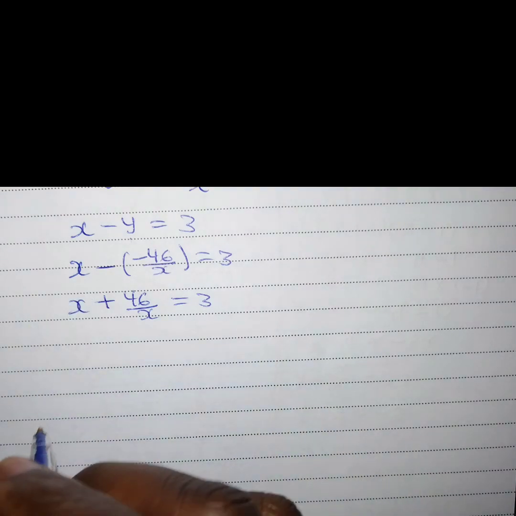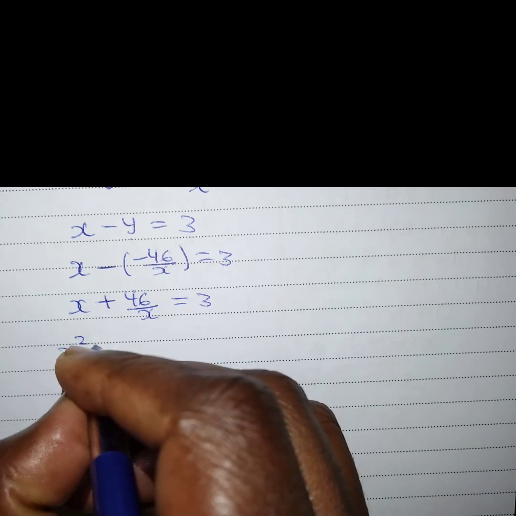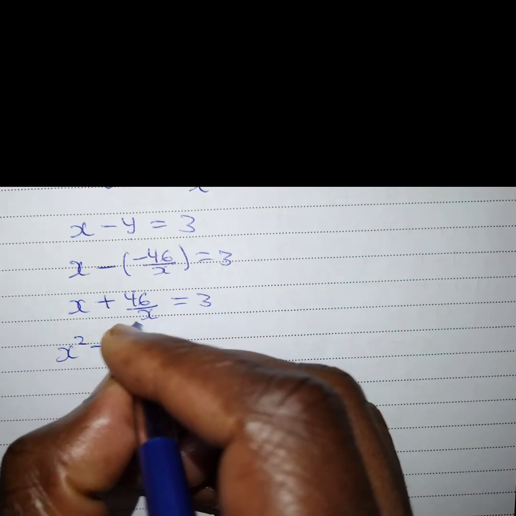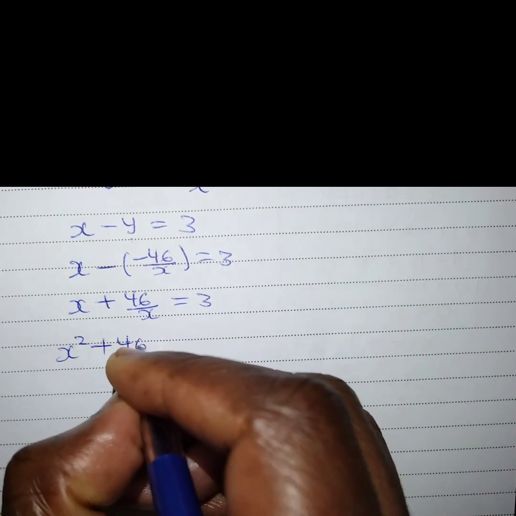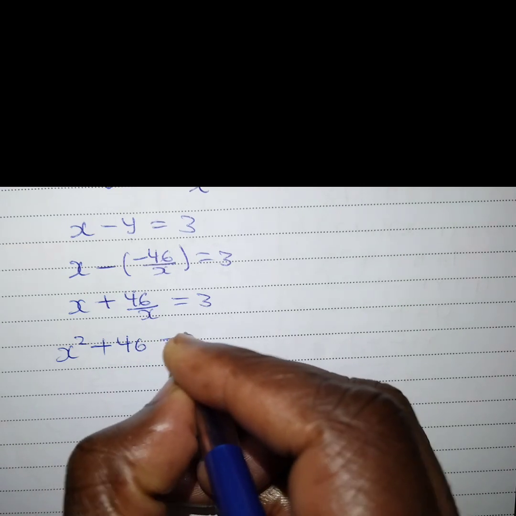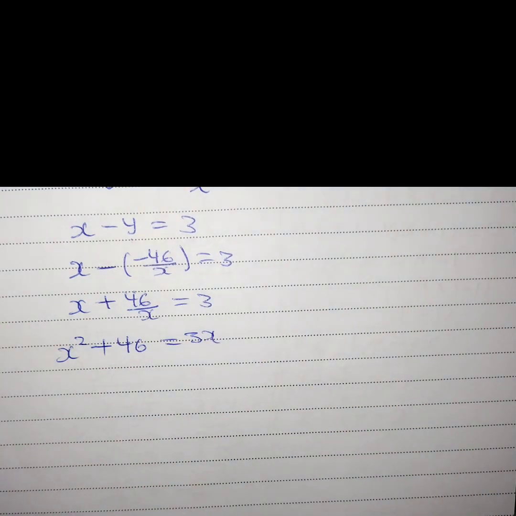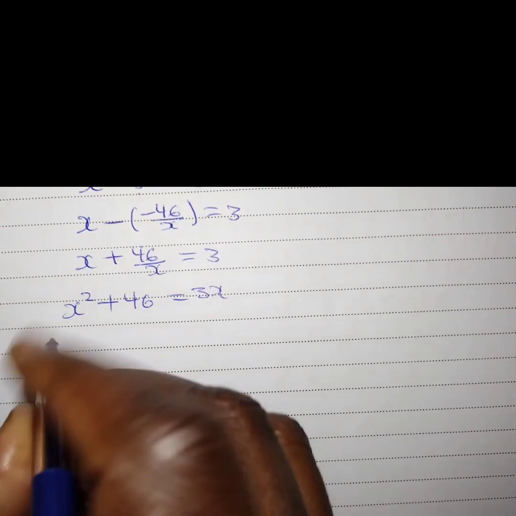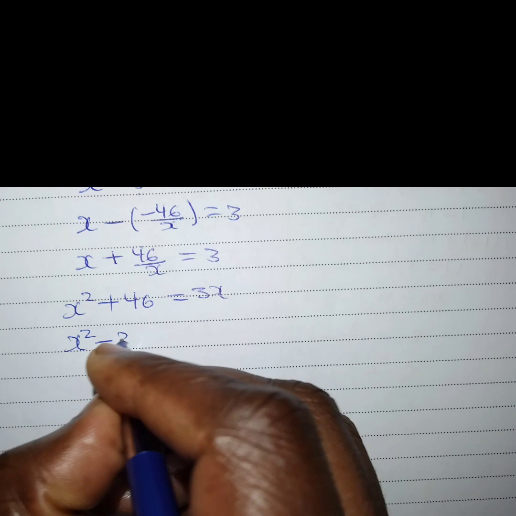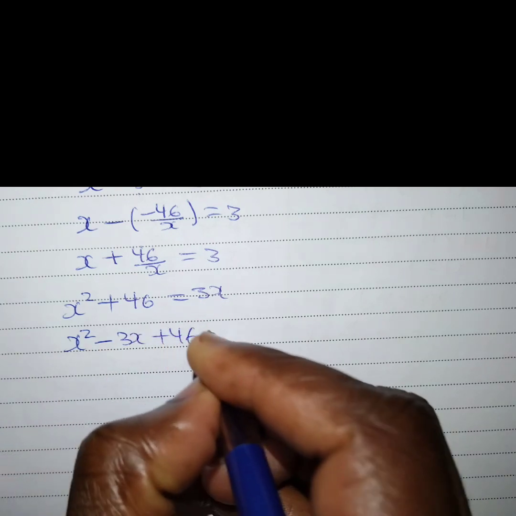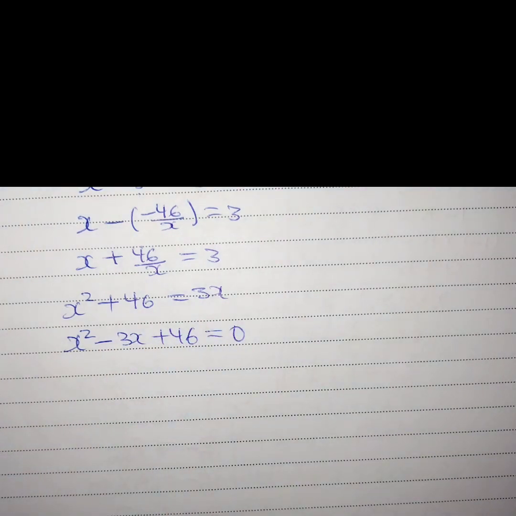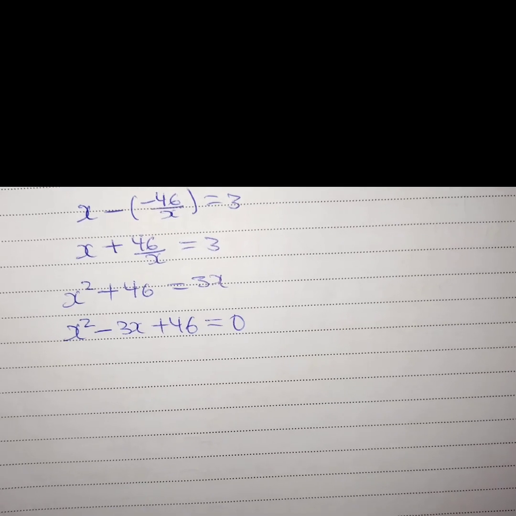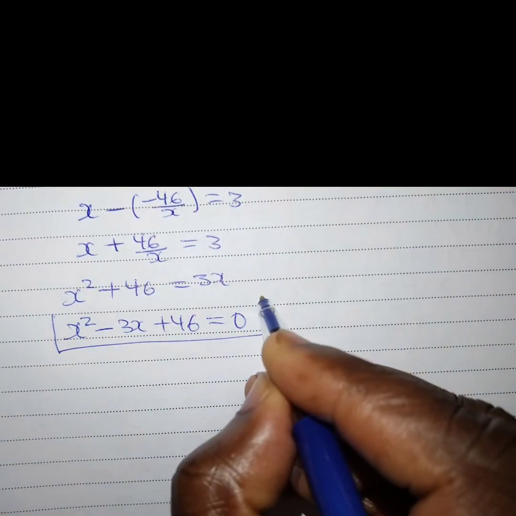Multiplying x by x, I'll have x squared. Multiplying 46 over x by x, I'll have 46. Multiplying 3 by x, I'll have 3x. Then bringing 3x to the other side of the equation, I'm going to have x squared minus 3x plus 46 equals 0. So ladies and gentlemen, this is another quadratic equation.